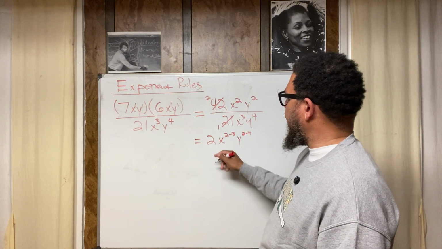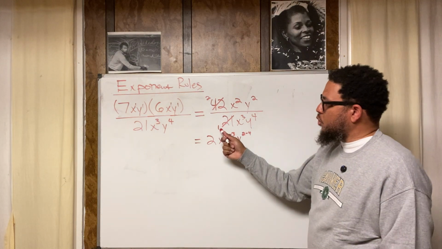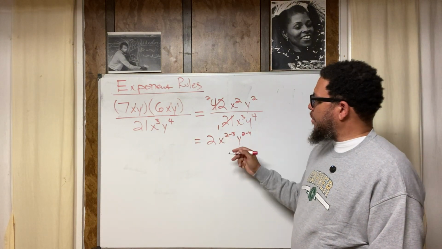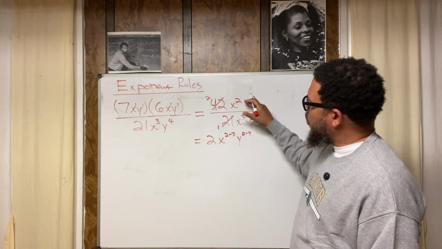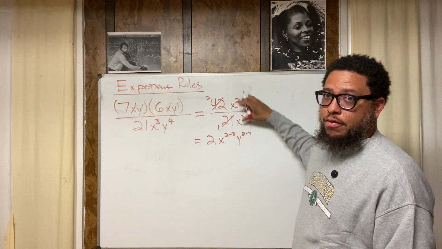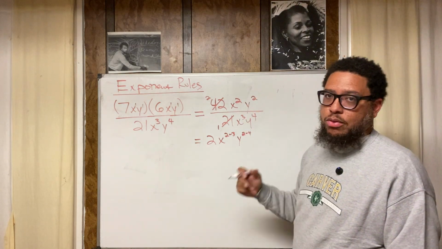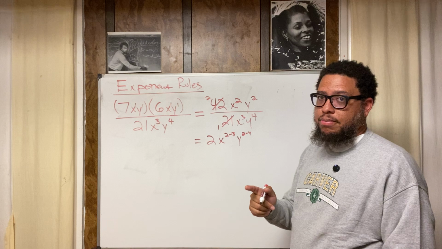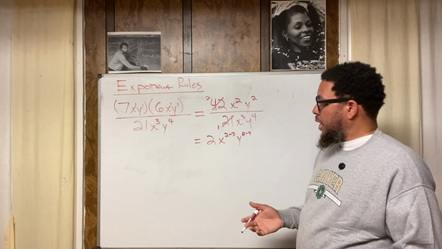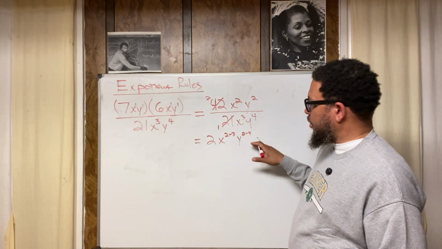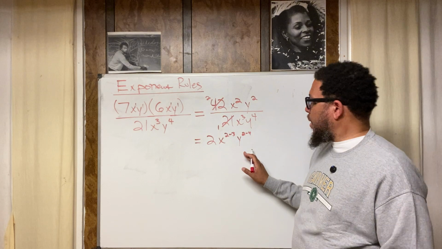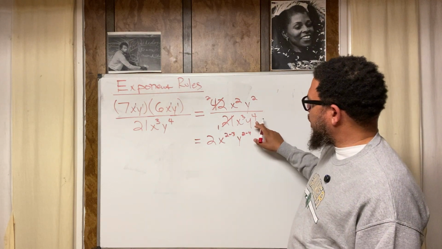And then in our denominator, we have nothing. Why? Because there was a 1 in the denominator. What happened to the x's? What happened to this x? Well, when you use the division property of exponents, you only write the variable one time, and you write it in the numerator. And this can be considered the numerator since there's no denominator, right? What happened to the y to the fourth that was down here?